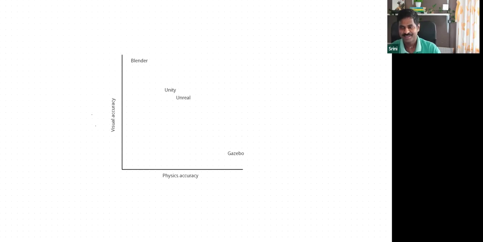And then the game engines came in, and the game engines said, okay, we want visual accuracy, but we cannot spend all the time on that. We want physics accuracy, but we cannot spend all the time on that. All we care about is that frame. So let's say you're running a game at 24 frames per second.